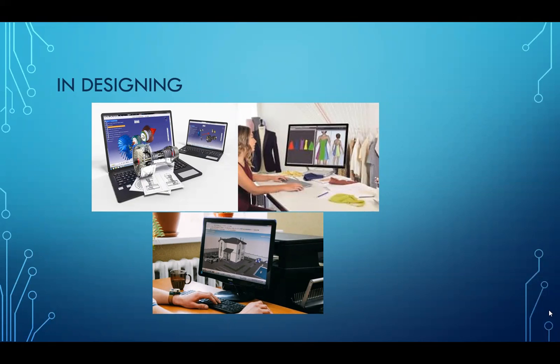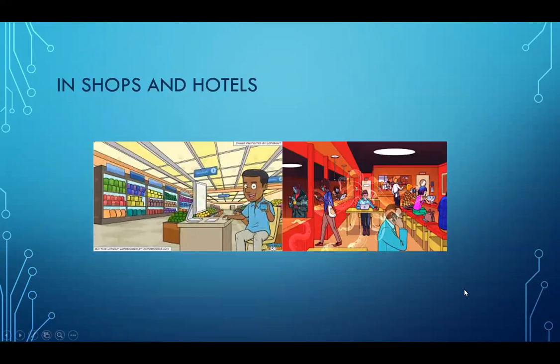After that, we have another field, that is shops and hotels. In shops and hotels, when you purchase things, you can see the shopkeeper uses a computer to make bills and prices of items.